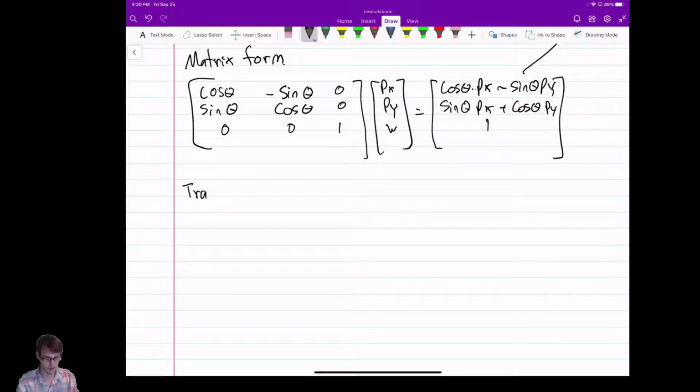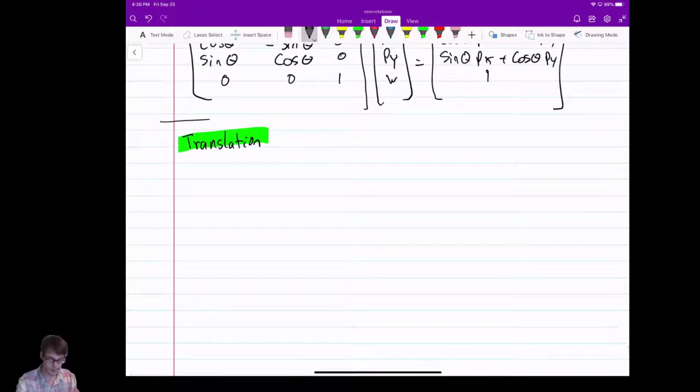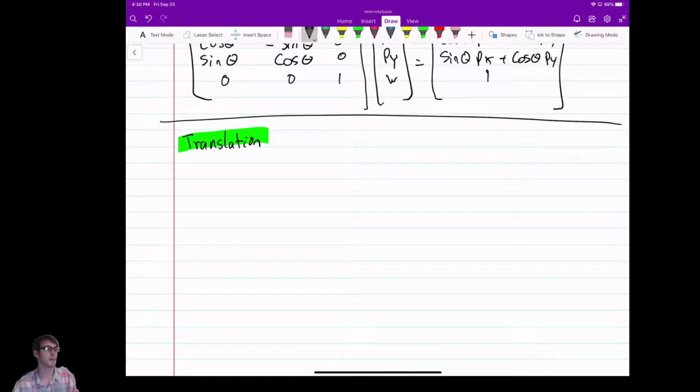Let's learn translation. Now translation is the first one where we kind of need to use homogeneous coordinates to make it work. The idea is really simple.